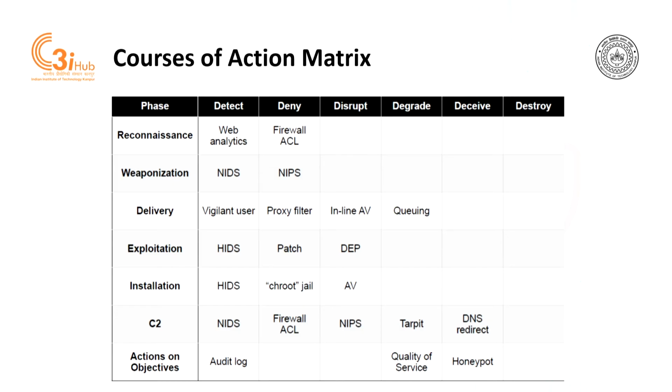You can also disrupt them by having inline AV, that is when the antivirus is not waiting to detect whether something is a malware after the payload reaches the endpoint. Eventually the payload has to go through your network to the target email server, or from the email server to the endpoint email client of the user.